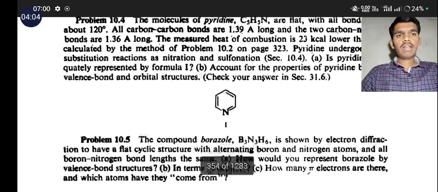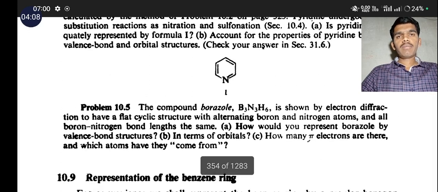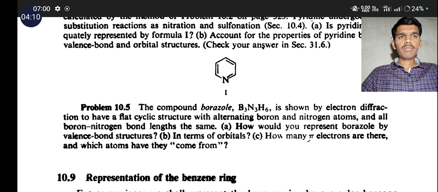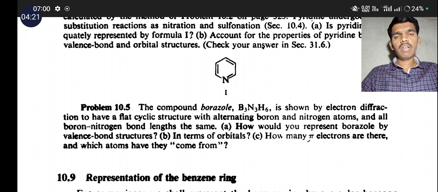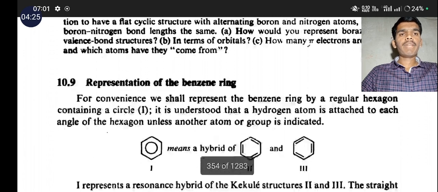Here, then again, I will tell you about pyridine. Because nitrogen has somewhat similar properties to carbon, the catenation property of p block elements to some extent makes pyridine also an aromatic compound.